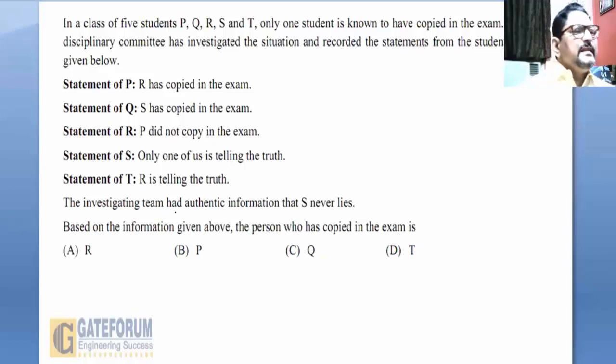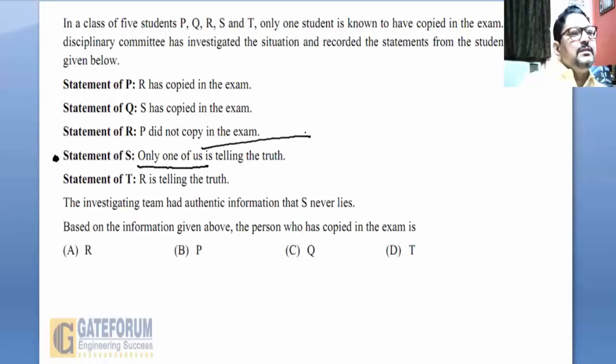The investigating team had authentic, correct information that S never lies. S will never lie. So we know for sure that S is telling the truth, right? And what is the truth S is saying? S is saying that only one of us tells the truth. So who is that only one of us?